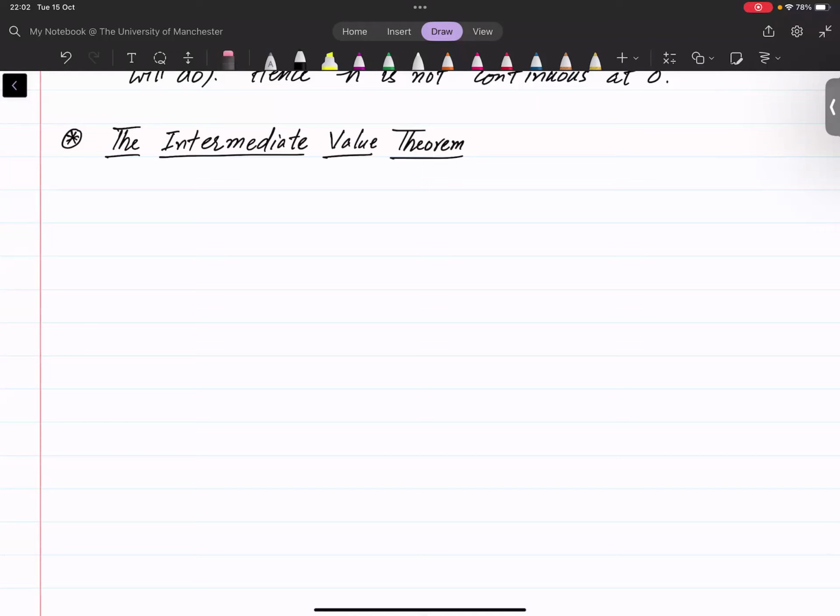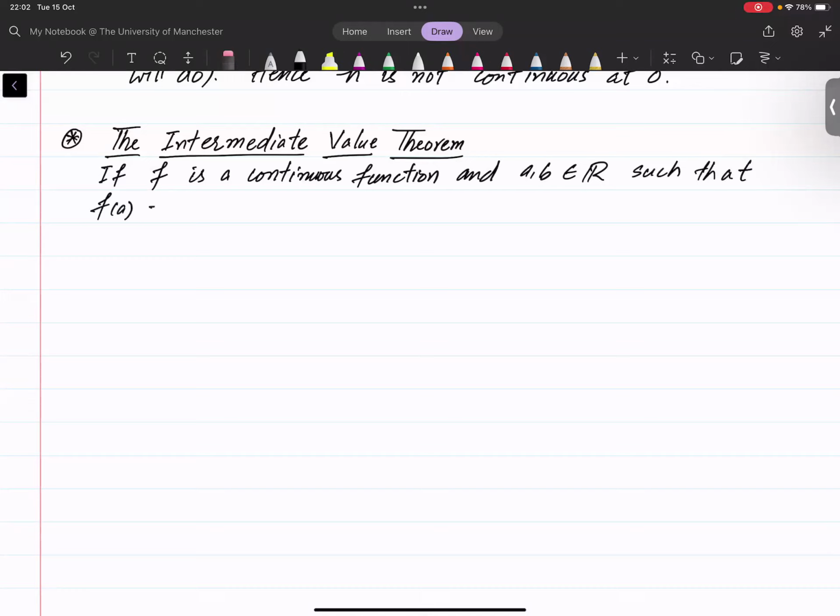Now, this famous theorem says that if f is a continuous function, and a, b are real numbers such that f of a is not equal to f of b, then f takes on all values between f of a and f of b.